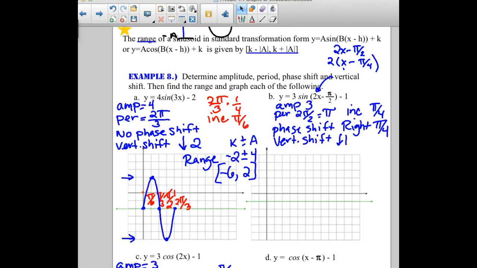What's our range going to be? Our k value plus and minus 3. So we go from -4 to +2. All right. So let's put some arrows on here. So we're going to bounce between that -4 and +2.